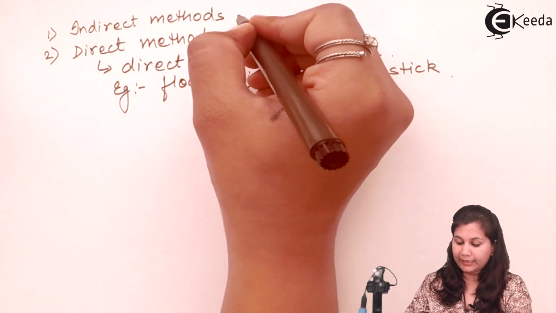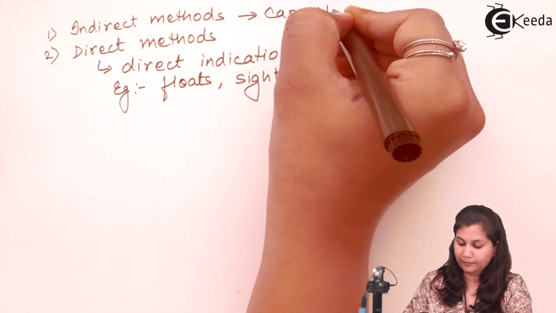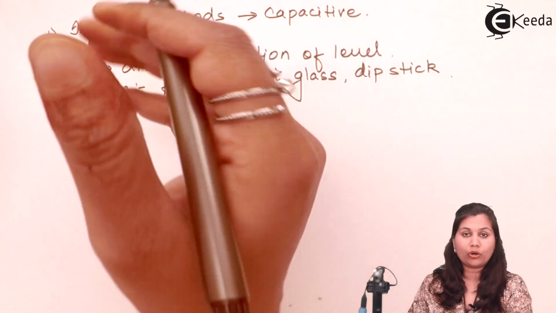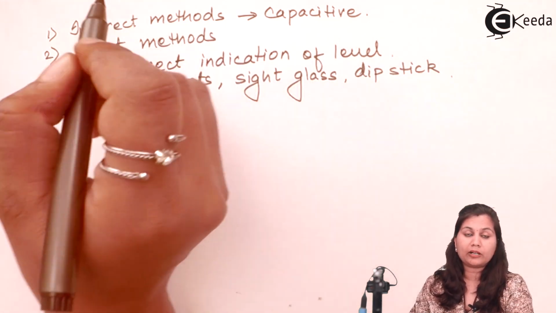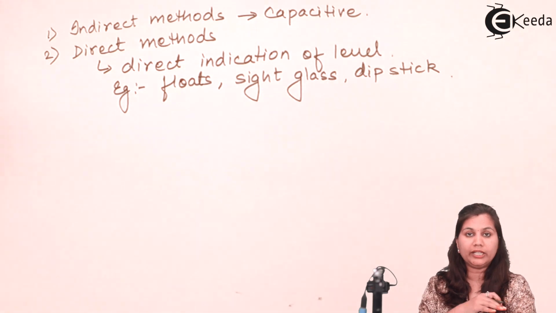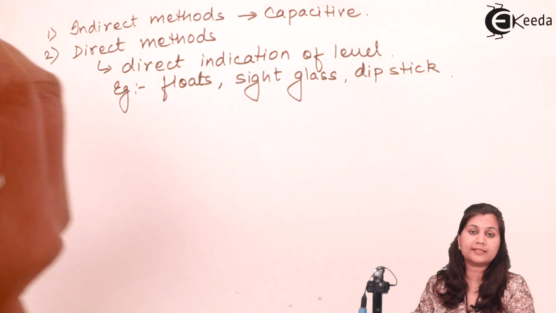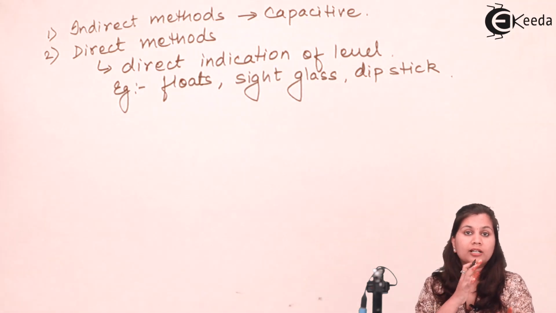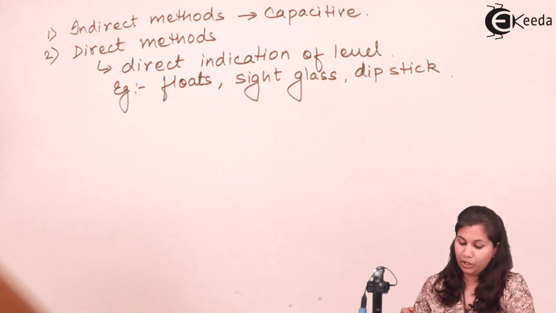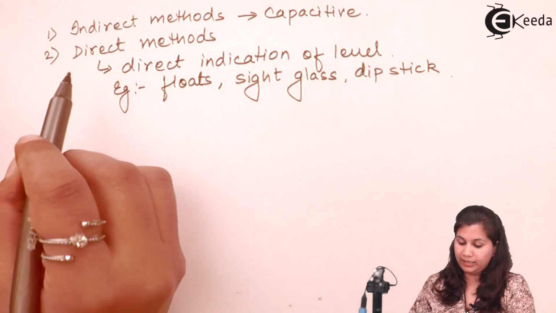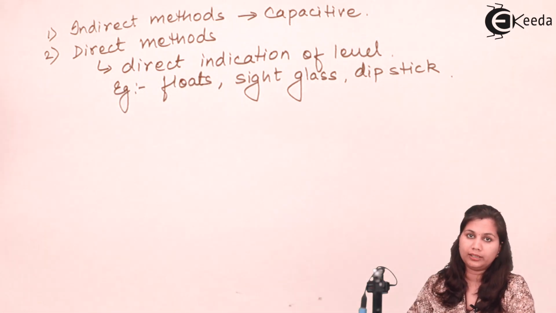Now about the indirect methods, we have the capacitive and the hydraulic head type methods. All these are indirect methods, because there the level is converted into some other measured signal. Like in capacitive type level sensors, we measure the level by measuring the change in the capacitance. So that is an indirect method, and direct methods give us the direct indication of the level of the liquid.